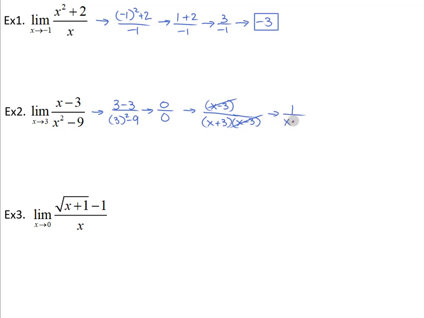So we get 1 over x plus 3, and now we can re-substitute our value. So now we're going to plug in 3, right? We want to know what our limit is approaching as we get closer and closer to 3. So we plug in, and it turns out it's getting closer and closer to 1/6. Our limit is 1/6.